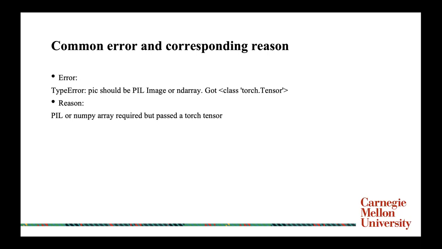You may encounter this error in homework 2 part 2, because you will do a face classification task in the next homework, and at that time you will use a lot of image augmentation methods. So make sure you change the PIL image to the torch tensor at that time.